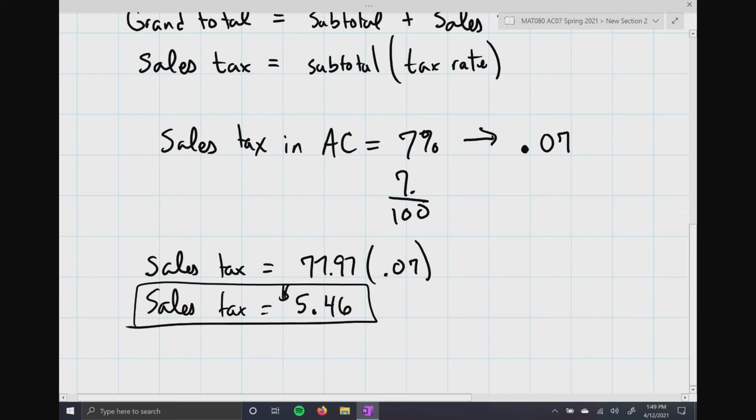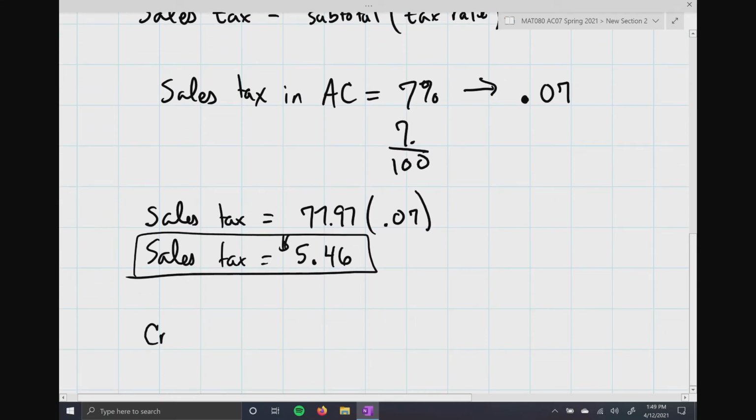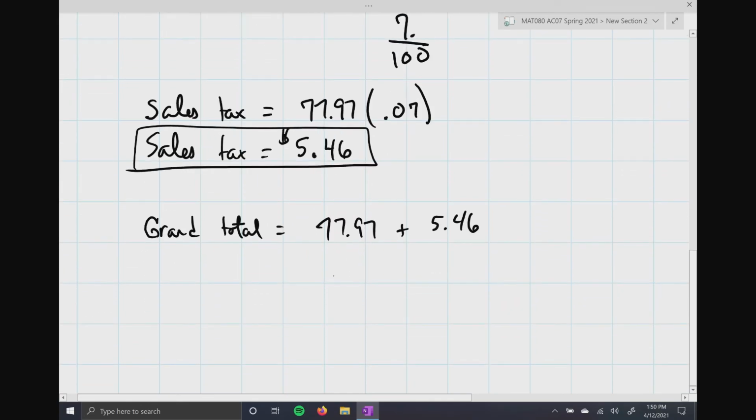So, to find our grand total, we just take $77.97 and we add our sales tax onto it. Because anytime you spend money, Uncle Sam always has his hand out.